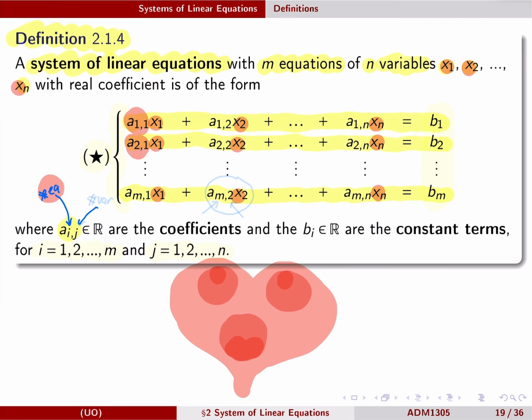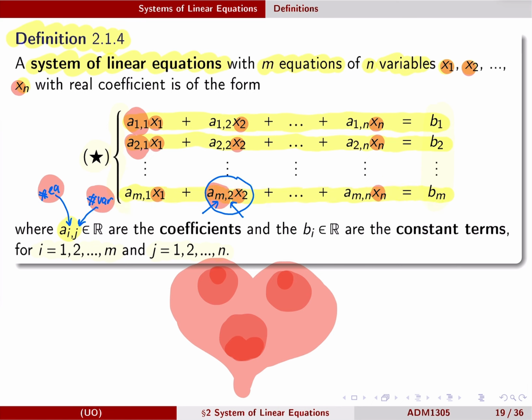And the second subindex, the j, gives you the number of the variable you're in front of. So if you talk about am2, we know that we're in the m-th equation because of the first index, and that coefficient is in front of the second variable.